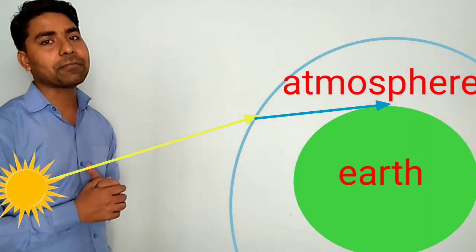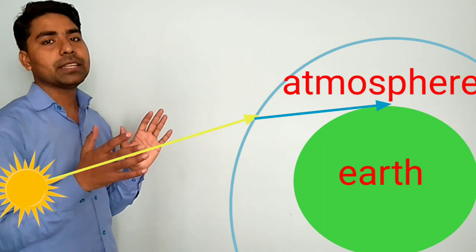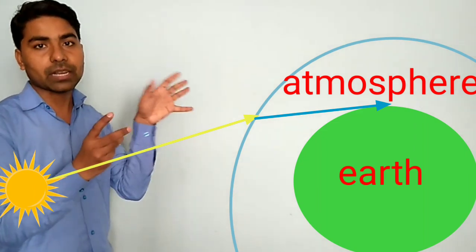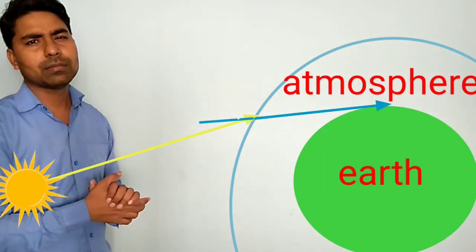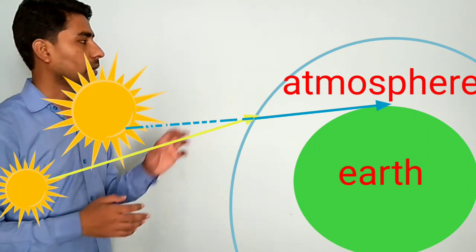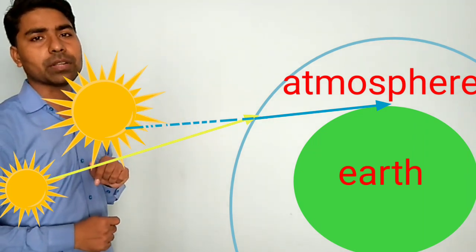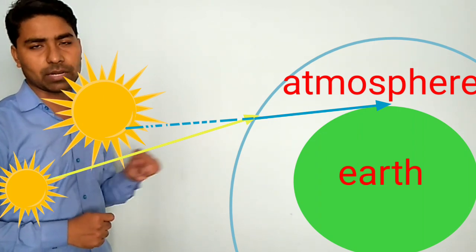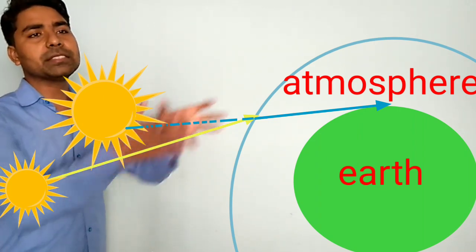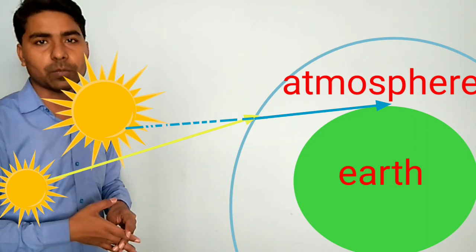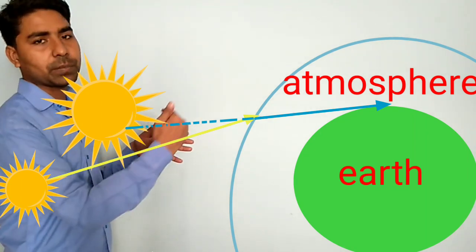Since there is maximum refraction, the apparent image of the sun comes closer, because we have seen when I was putting the pencil inside the glass of water, the apparent image comes closer to the observer. That is why it appeared bent.